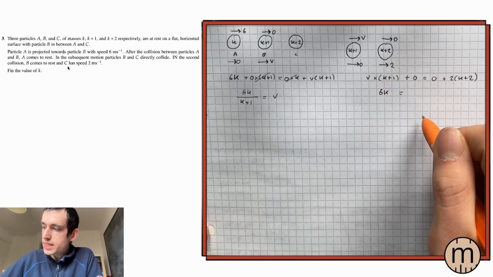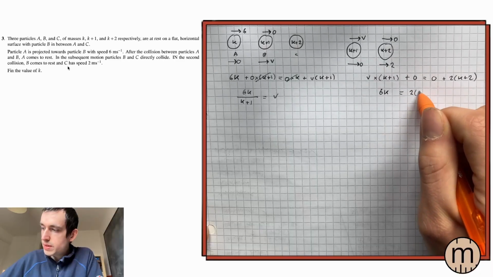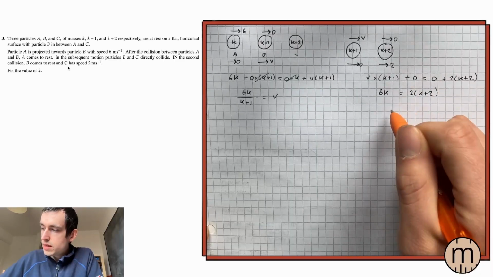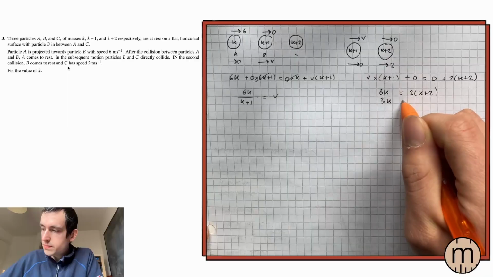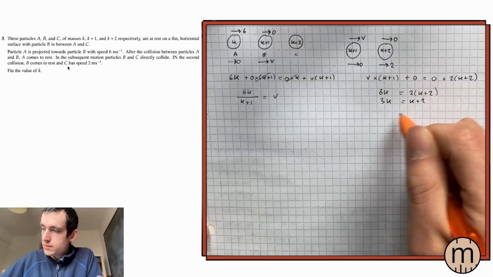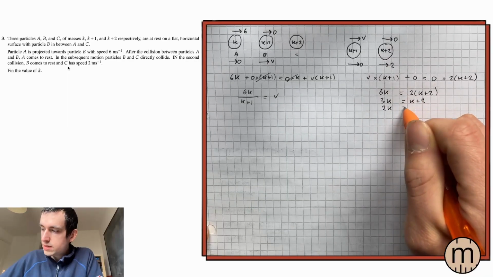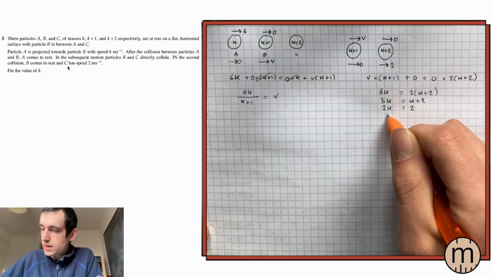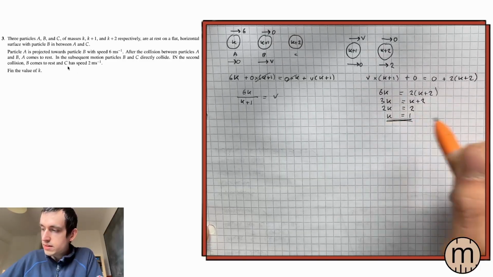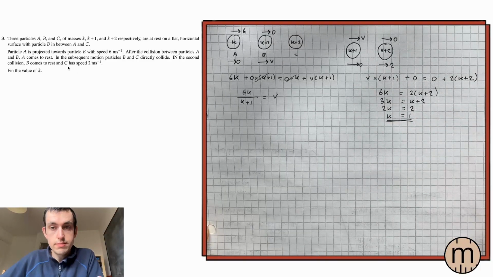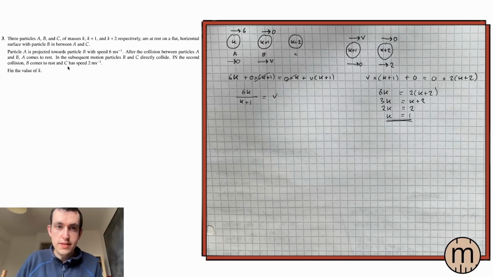So we're told that 6k is equal to 2 times k plus 2. Let's divide both sides by 2. Let's subtract. And we get this rather lovely answer, k is equal to 1. The question is supposed to say find the value of k, not fin the value of k, but there we go. We have finned it.